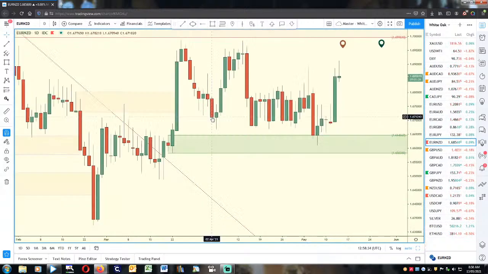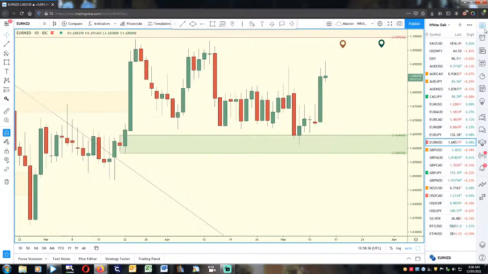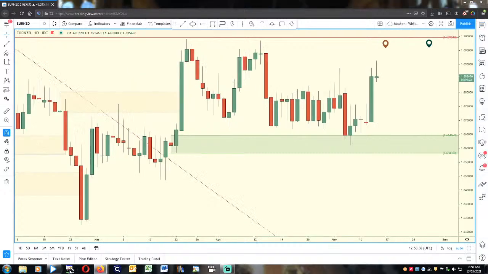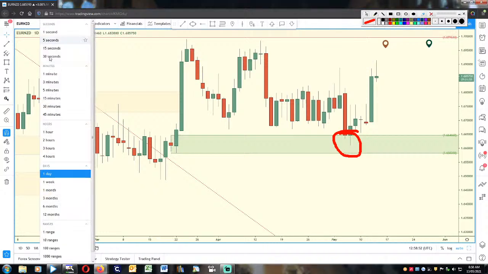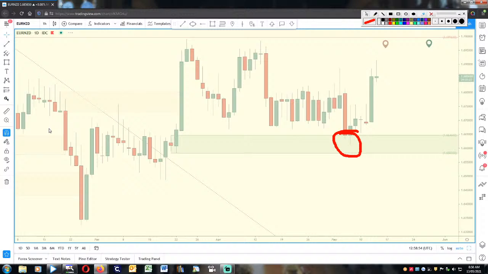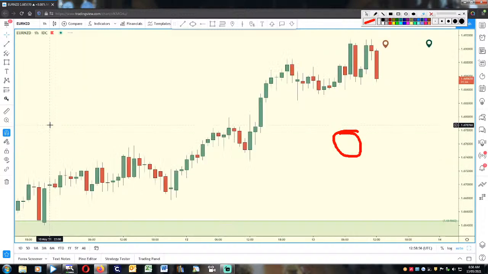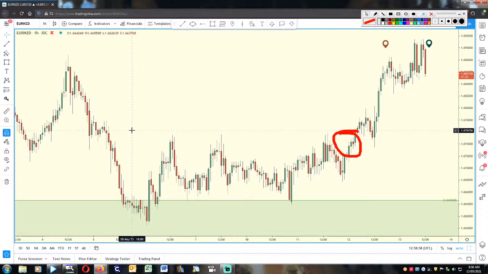So we have a daily chart here, and we made contact with this area of demand right here. When price hits areas of demand on the daily chart, what we can do is slip down to the 1 hour chart and look for trades. So let's take a look here.